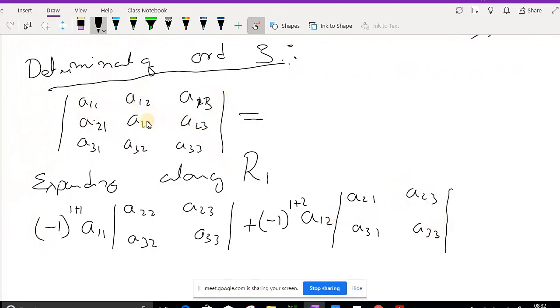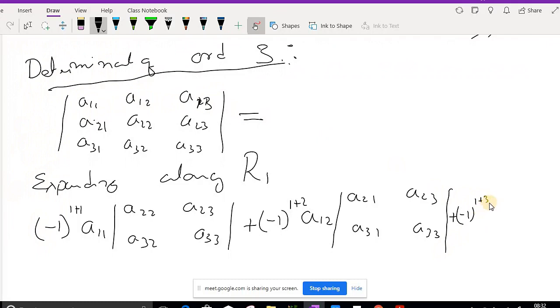Now after that you see, is there any element left in R1? I have used this one and this, so you have the last element here. You have to write the last element here with a minus symbol first. The minus symbol's power, what is the position? 1 3, a13, so this will be 1 plus 3.